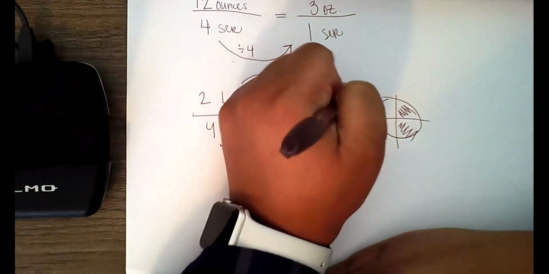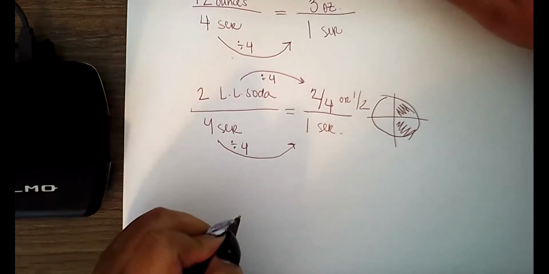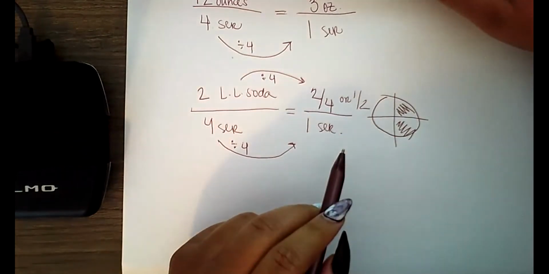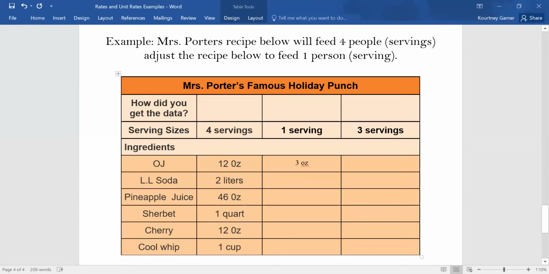I can also say 1/2. So now what I'm going to do is I'm going to go back to my table. And in the lemon lime section, I know for 1 serving, I'm going to need 1/2 liter.